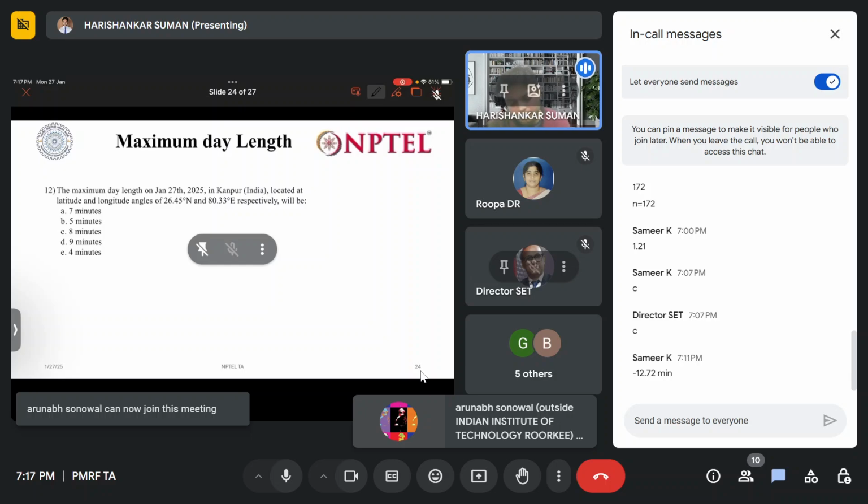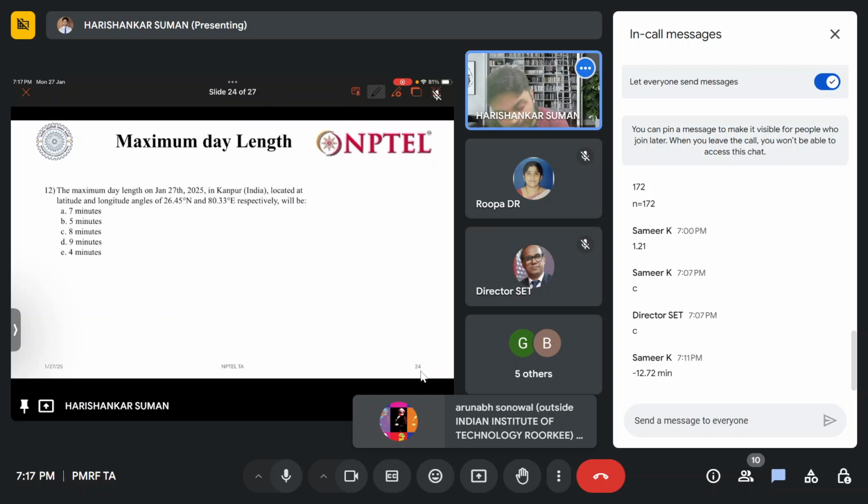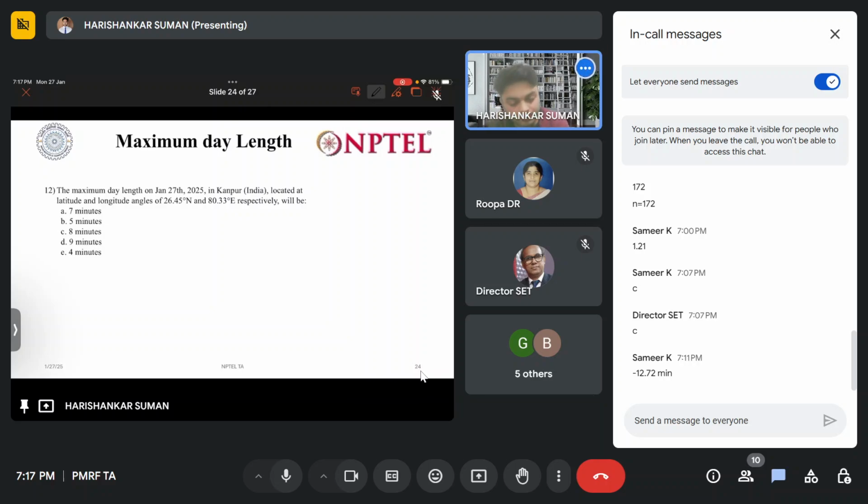Next question: the maximum day length today in Kanpur, located at latitude and longitude 26.45 north and 80.33 east, will be?